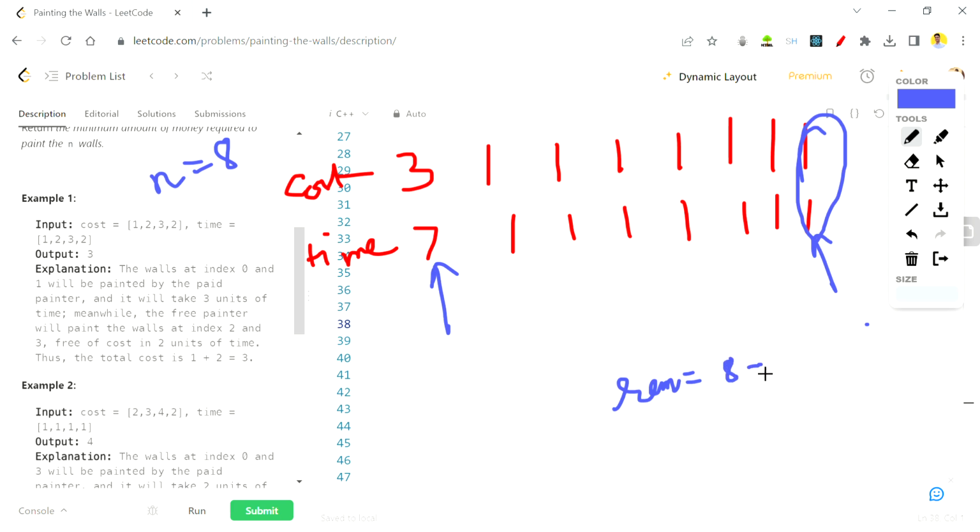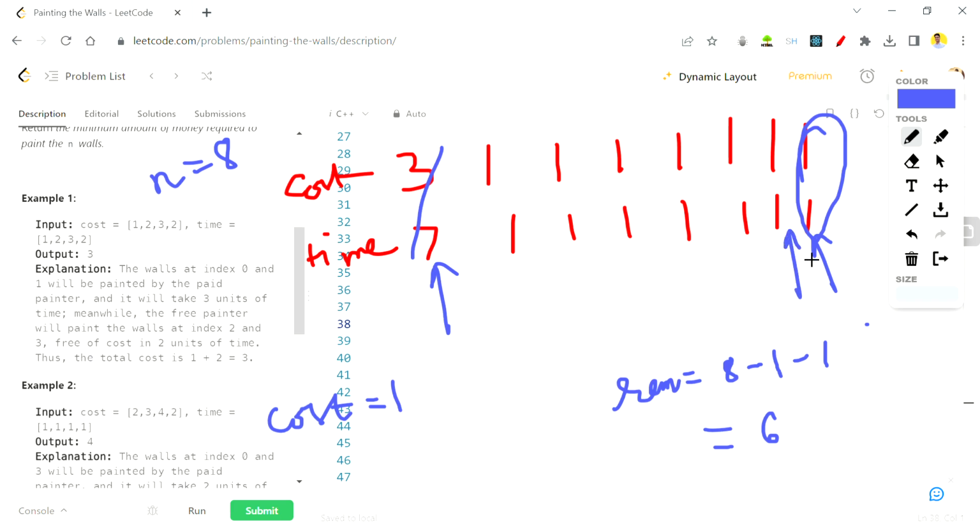While this is busy, our free painter can paint any one of the walls. So 8 minus 1, which is done by the paid painter, and minus 1 by the free painter, so the remaining walls are 6, and the cost associated is 1 for now.